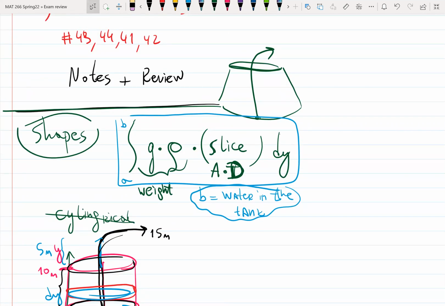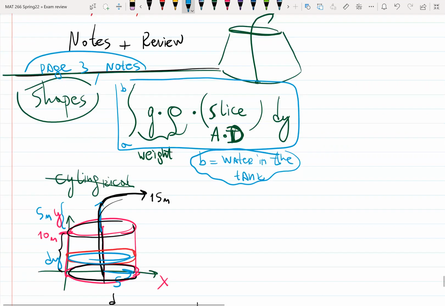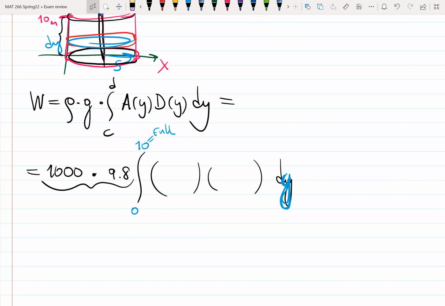I should probably just point out the name of the problem. Oh, it doesn't have a number, but it's page 3. That is page 3 notes. From A to B, so it's from 0 to 10 because the water is full. If it's only 8 meters, it will be from 0 to 8. Y represents water, so don't make Y anything else. It's not the shape of the tank, actually. It's how much water we had originally to lift.